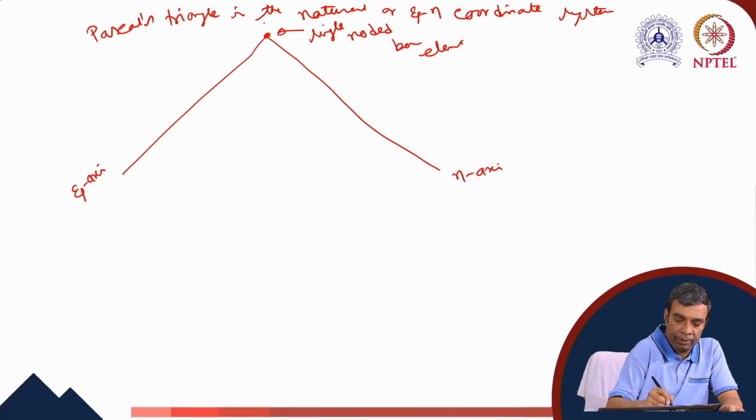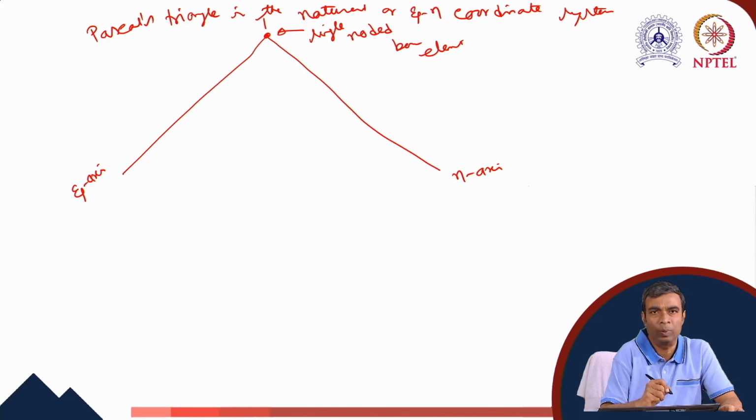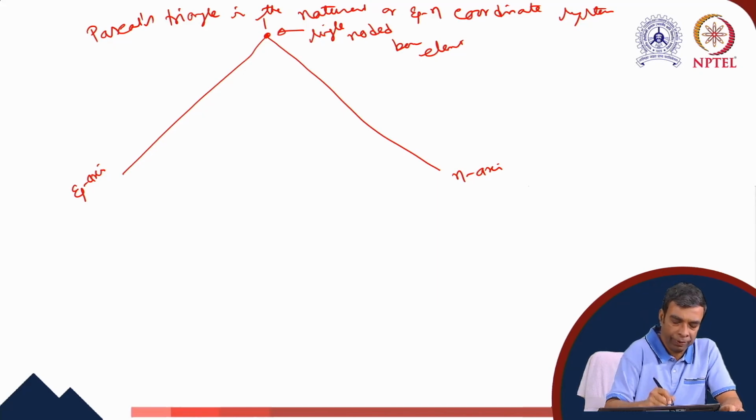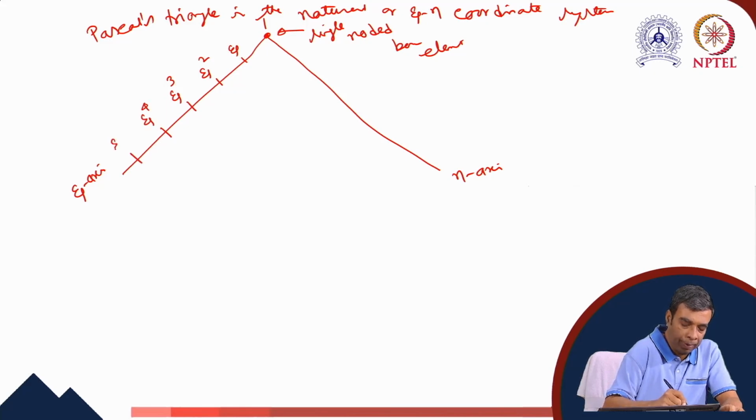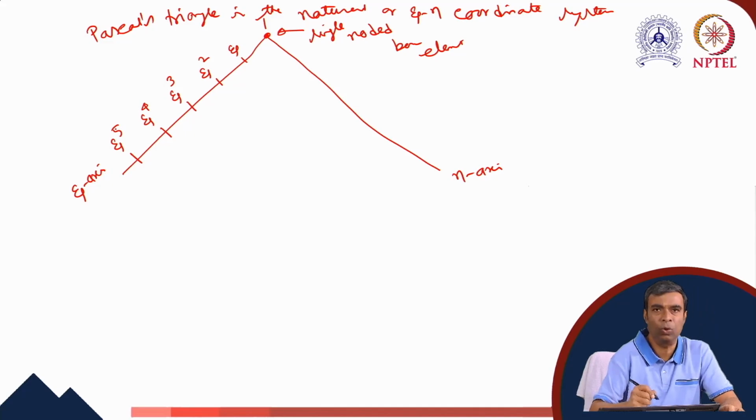So this is 1, where xi to the power 0 and eta to the power 0 give us 1. Then this is the xi axis for the bar elements, and the polynomial components for the bar element will go as xi, xi square, xi cube, xi to the power 4, xi to the power 5, and so on.